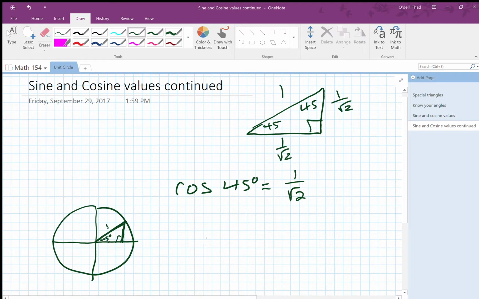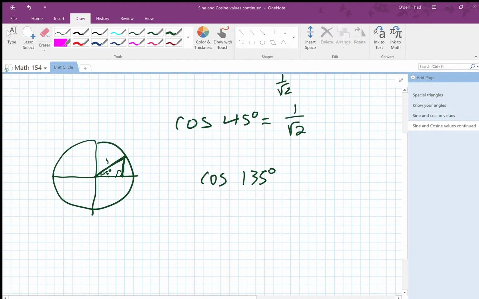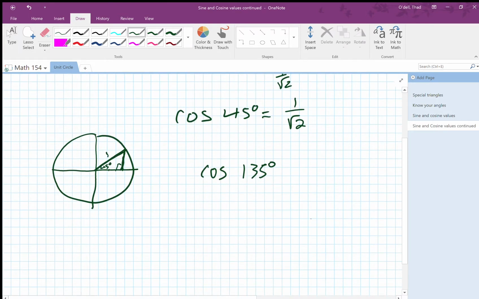And if we did another example, like cosine of 135 degrees, okay. Again, if we draw the unit circle, 135 degrees would be 45 past 90, so that would be right in the middle of the second quadrant. And again, if I drop a line from the point down to the x-axis, it produces a 45, 45, 90 triangle.